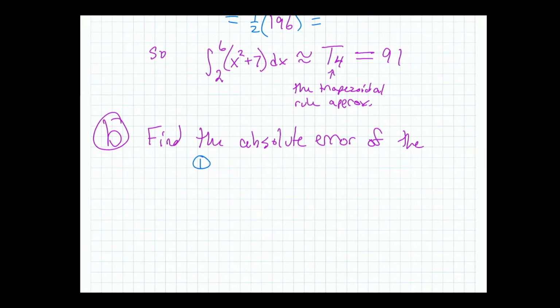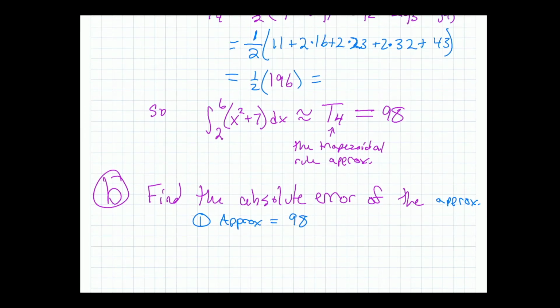All right. So, number one, what was it? We said the approximation. So the approximation was what we got on the previous one, which was 98. Okay.